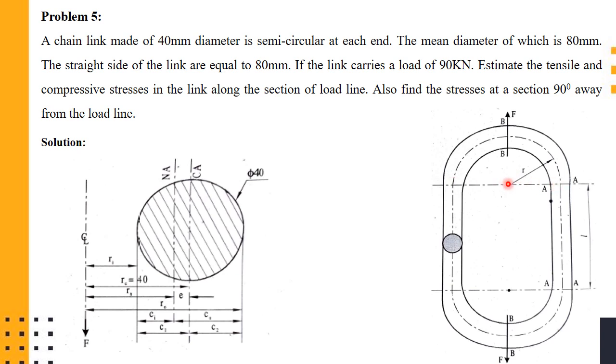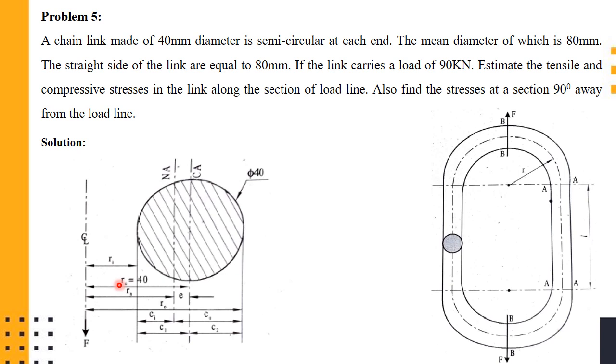So the radius will be from the center line of curvature till the centroidal axis. From the center line of curvature to the centroidal axis will be the radius of the centroidal axis, which will be diameter divided by 2. So 80 divided by 2, it will be 40 mm.